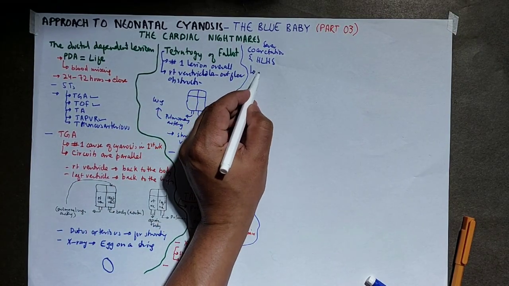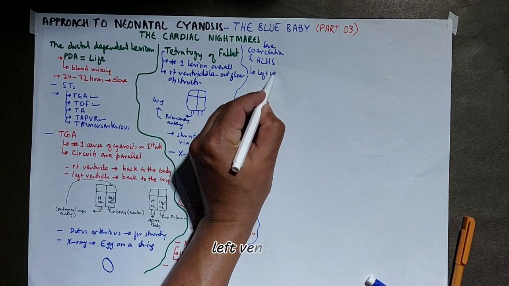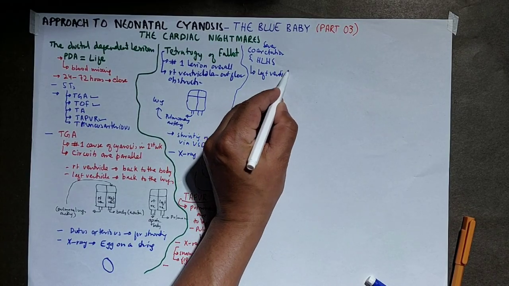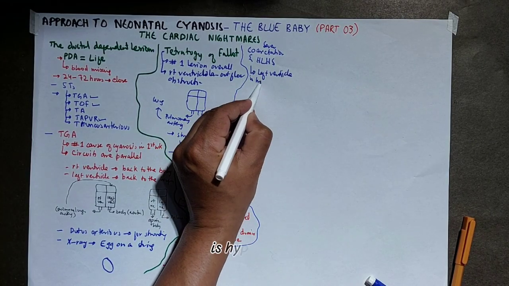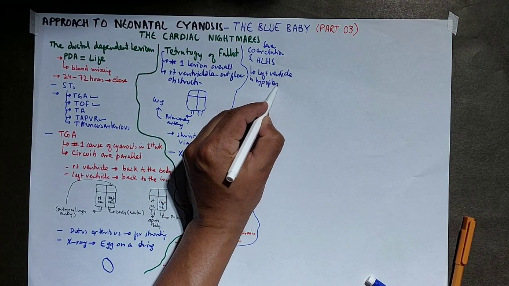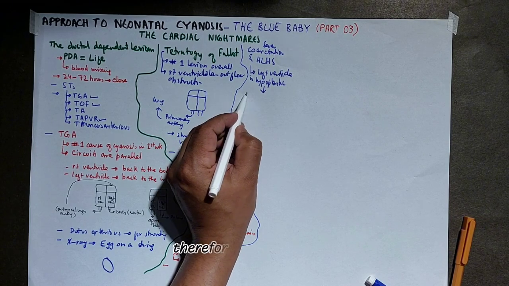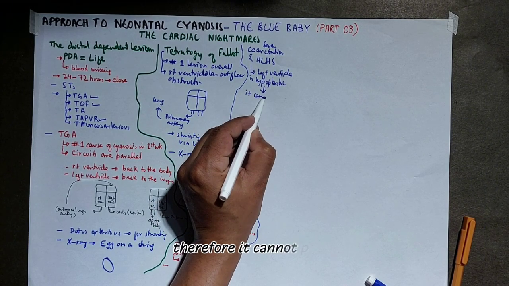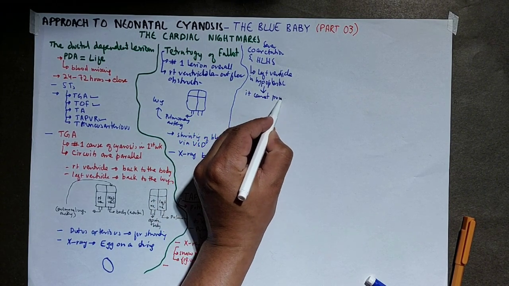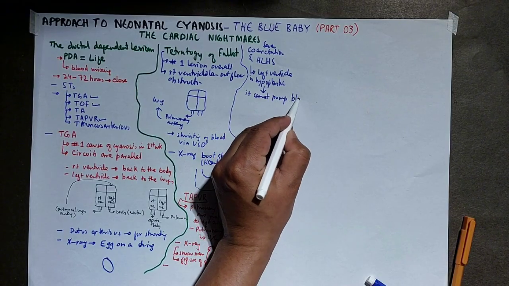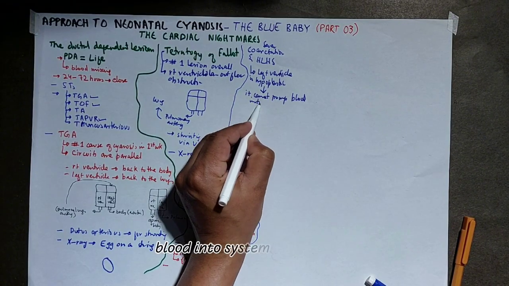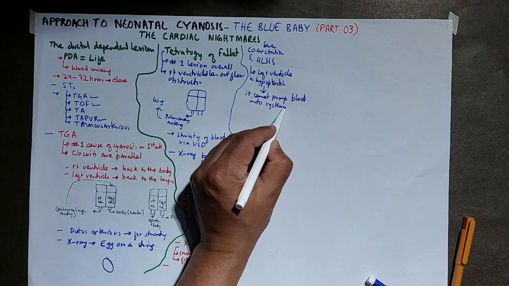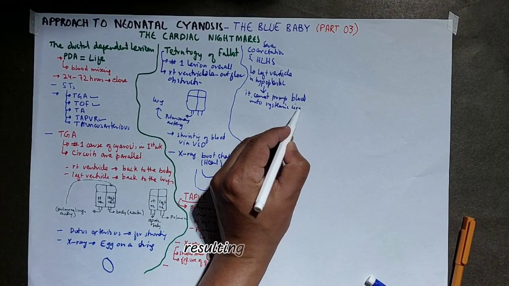So here the left ventricle is hypoplastic, therefore it cannot pump blood into systemic circulation, resulting in a gray baby.